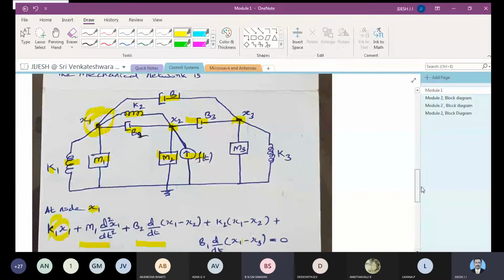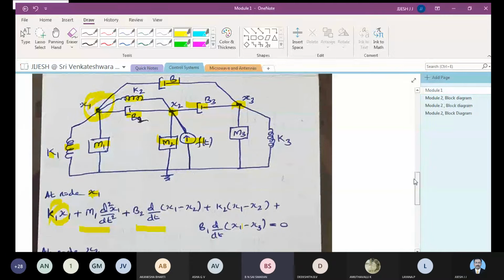So you are going to get the same shape, right? Tell with respect to x1. What have you replaced for k1? M1 will be L1, sir.